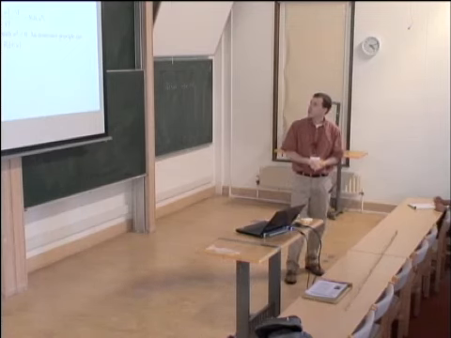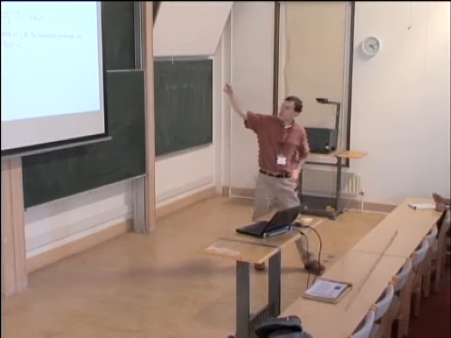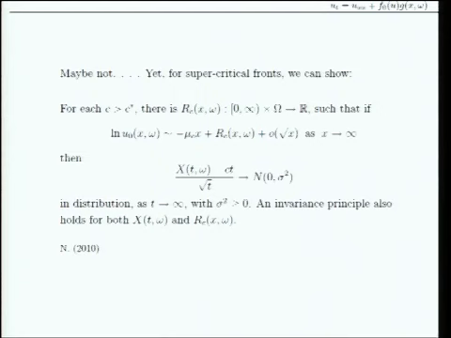That is, if c is larger than c star, then there's a random function r, such that if the initial condition has this asymptotic behavior, so the logarithm is linear, it's decaying exponentially, and then r behaves like order root t as x goes to infinity, and then there can be a correction which has to be little o of square root x.